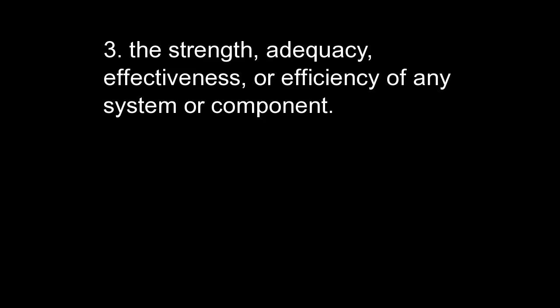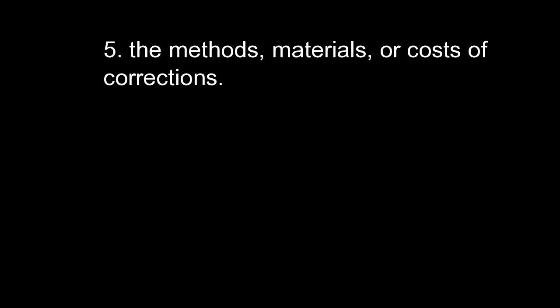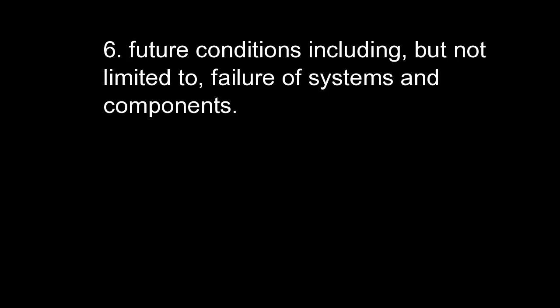The strength, adequacy, effectiveness, or efficiency of any system or component. 4. The causes of any condition or deficiency. 5. The methods, materials, or costs of corrections. 6. Future conditions including, but not limited to, failure of systems and components.